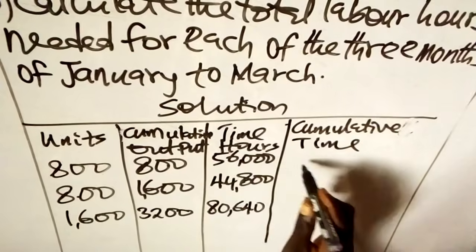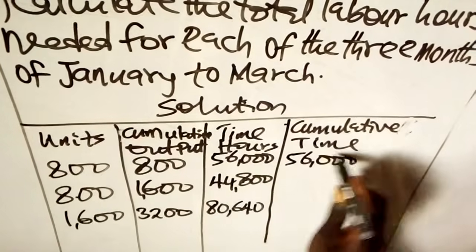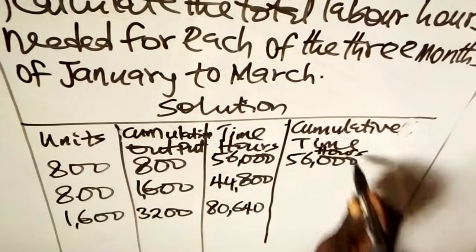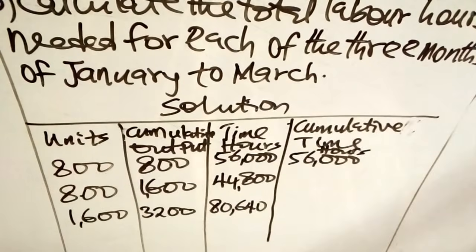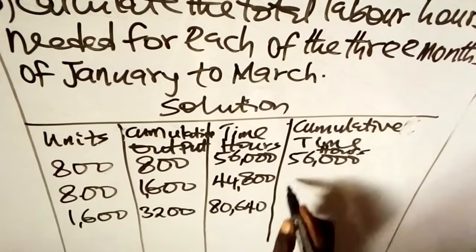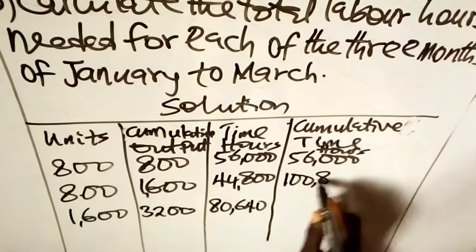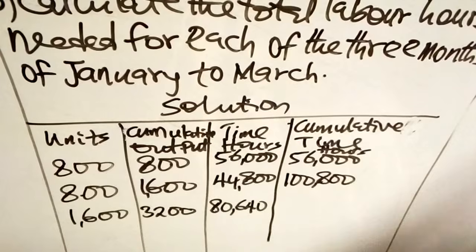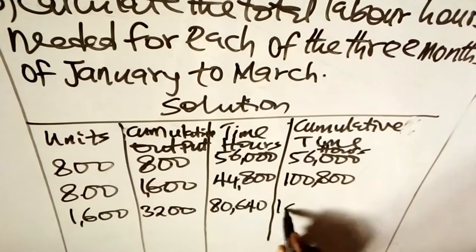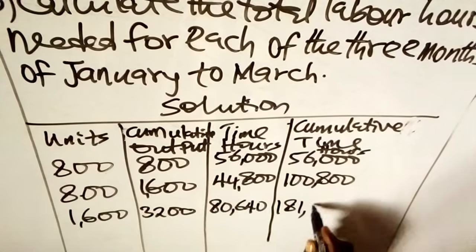So the first one, 56,000, which is also in hours. The second one, 56,000 plus 44,800, that will be 100,800. The third one will be 100,800 plus 80,640, then you have 181,440.